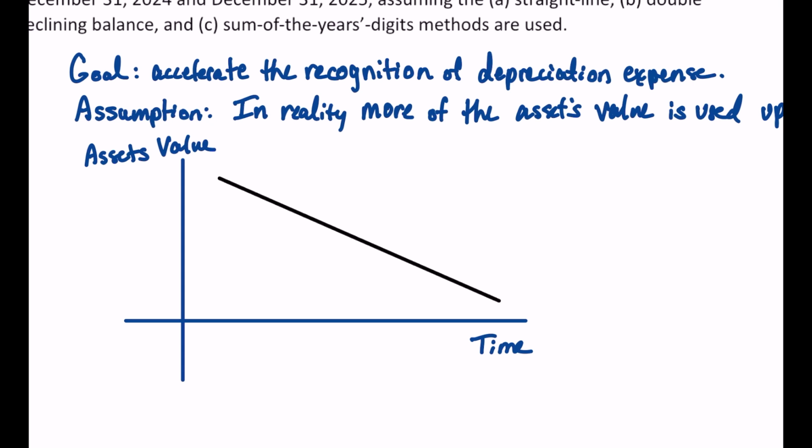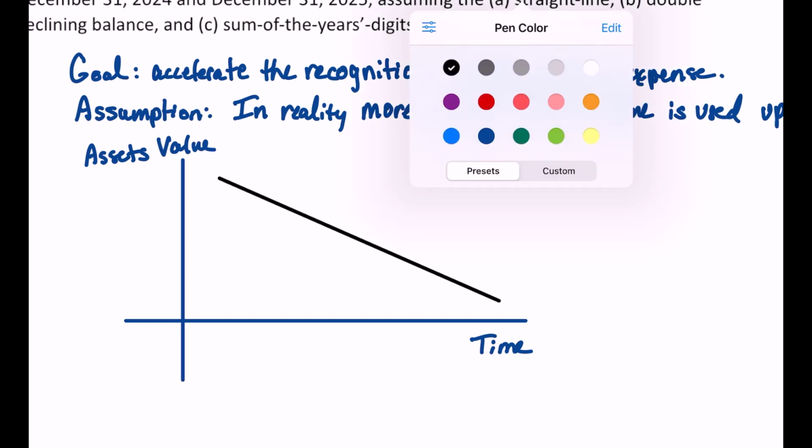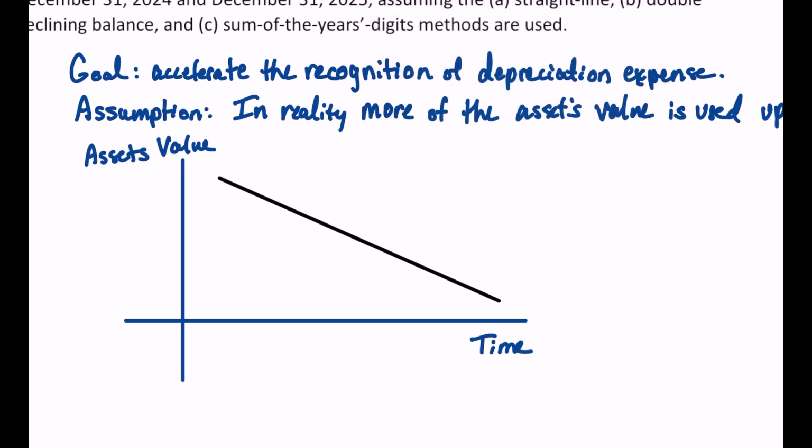You know, it's a straight line. What accelerated methods are saying instead is that the asset's value goes down more quickly early on and then less quickly later on.